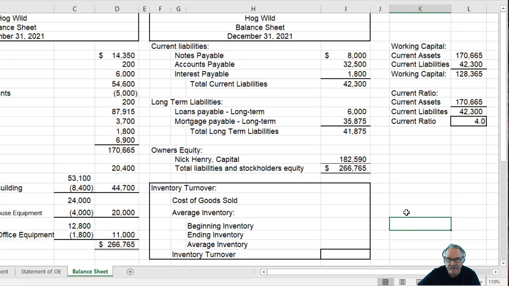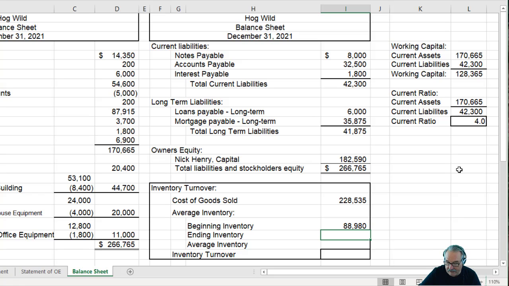And then the last thing we'll do is look at the inventory turnover. Inventory turnover is going to take cost of goods sold divided by the average inventory. And the average inventory is the beginning inventory plus the ending inventory divided by 2. So our beginning inventory is $88,980.